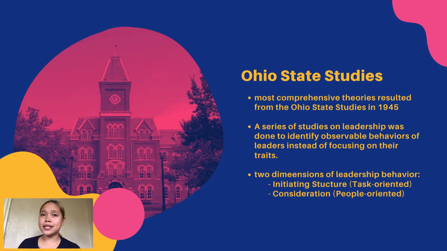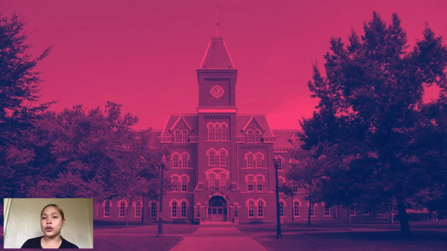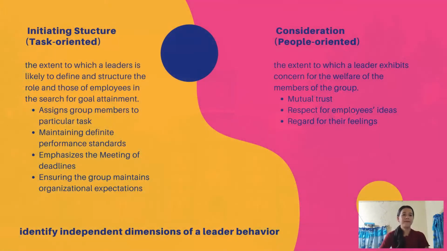The studies narrowed the list to two that substantially accounted for most of the leadership behavior described by the employees. That will be tackled by my group member, Daisy Bayang.